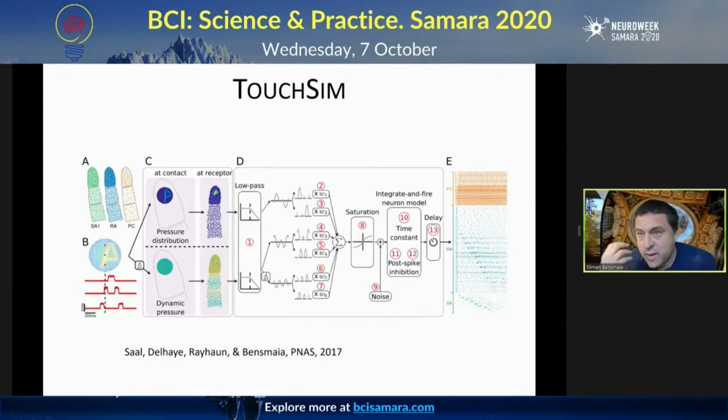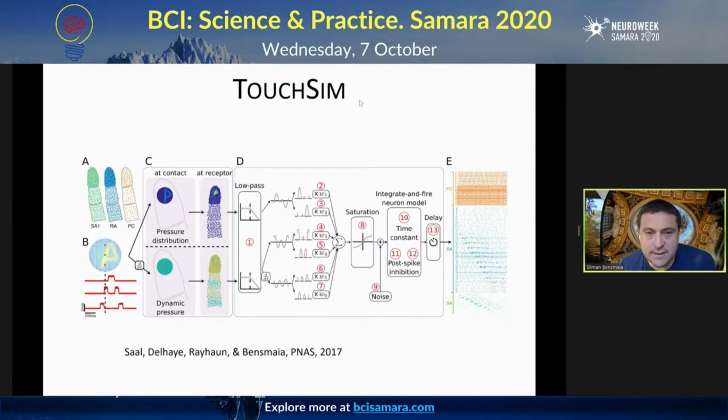And then we can predict, using a pretty simple integrated fiber model, how each of these 12,000 nerve fibers would respond given this pattern of stimulation of the skin. So on the input side, you just tell it what the stimulus is, and on the output side, it says how all 12,000 of these nerve fibers would respond to that stimulus.